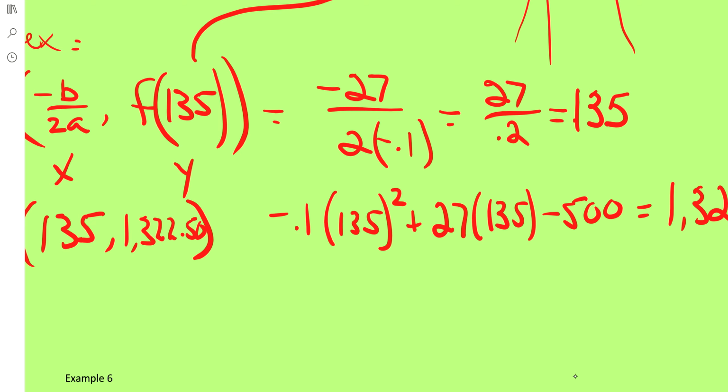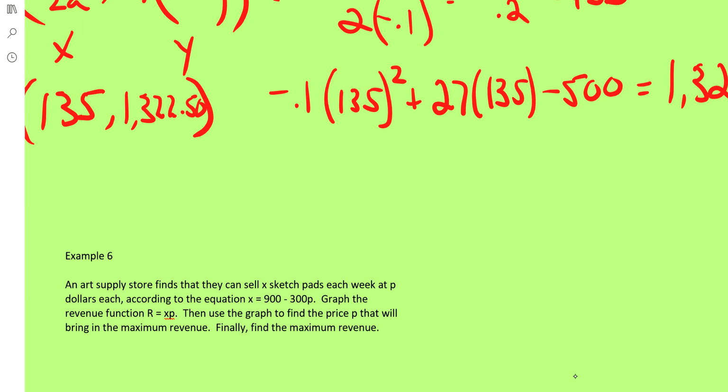That's our vertex, and you know, wherever that goes. But those are the values that we want.